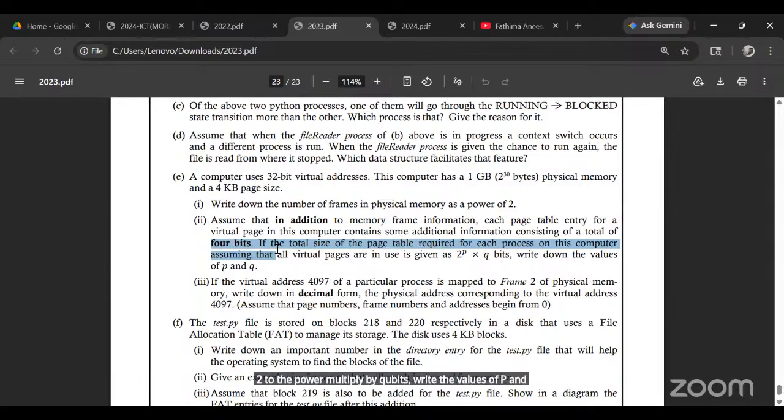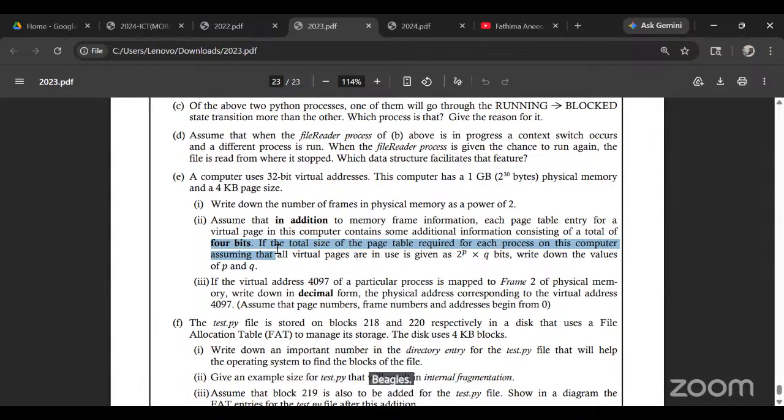So they are asking for 2 to the power p multiplied by the number of bits. Each page table entry contains some additional information that takes a total of 4 bits.